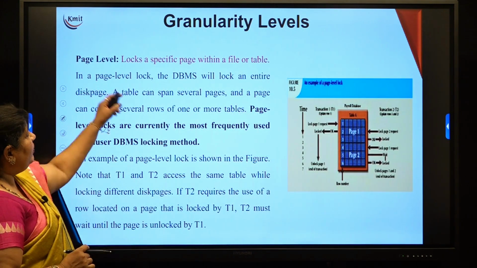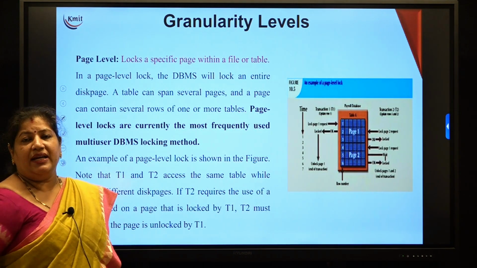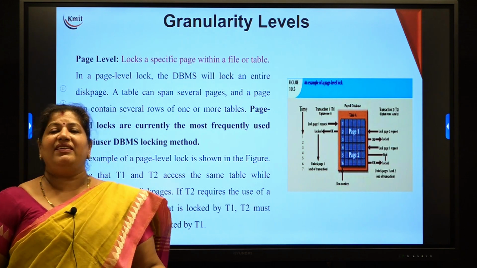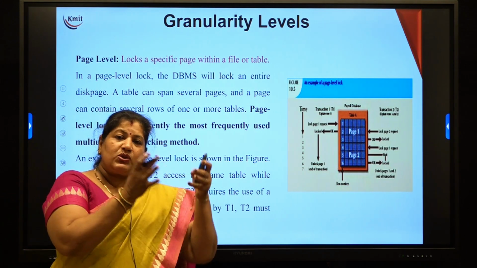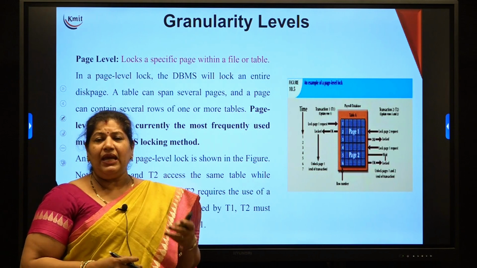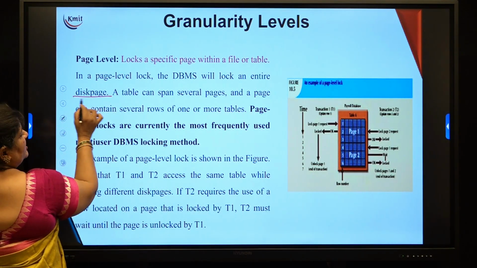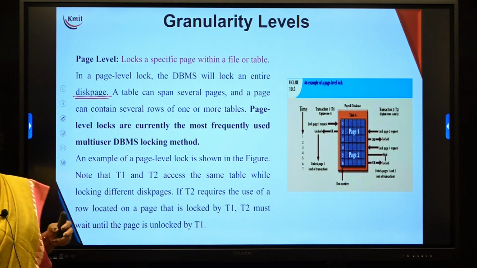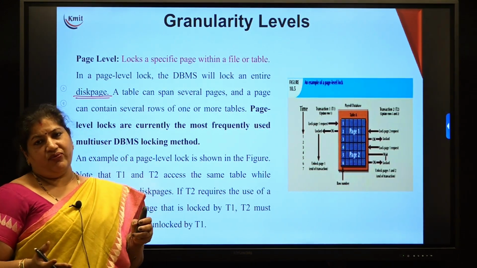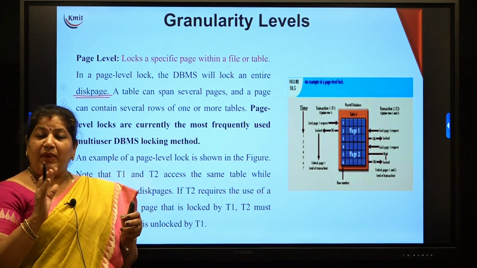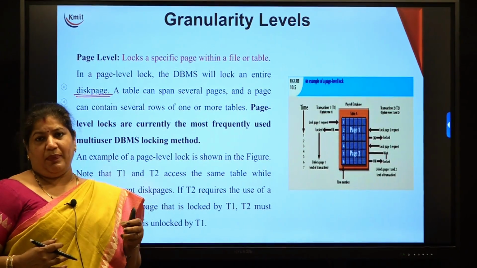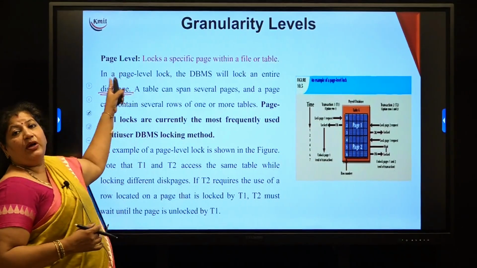Moving ahead, we have page level granularity, or page level lock. What does this mean? You know that when you are storing the data in memory, you are doing it based on the disk page concept. You have been seeing this in memory management of the operating system, that memory is divided into different disk pages and you will refer to that.